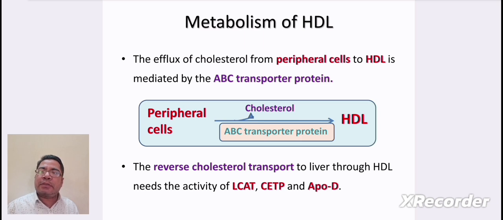In the diagram we can see peripheral cells converted to HDL with the removal of cholesterol by ABC transport protein. The reverse cholesterol transport to the liver through HDL needs the activity of LCAT, CETP, and ApoD.